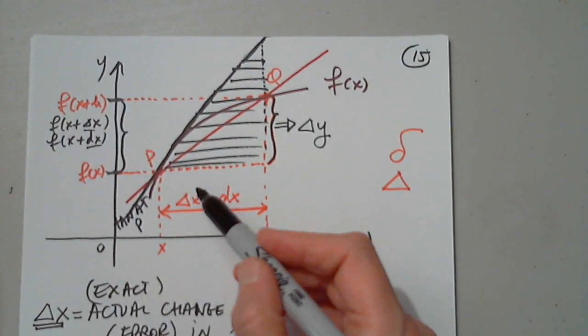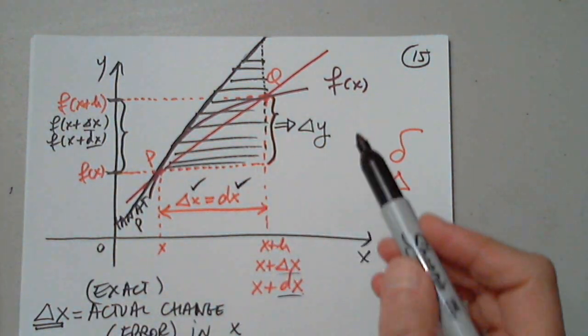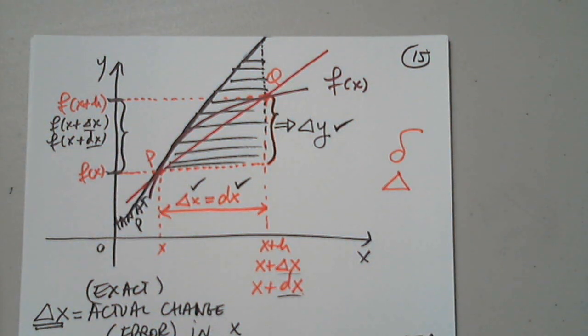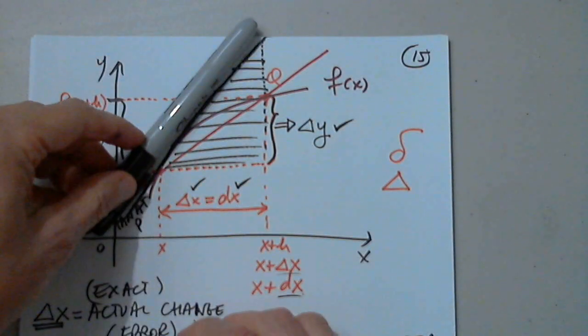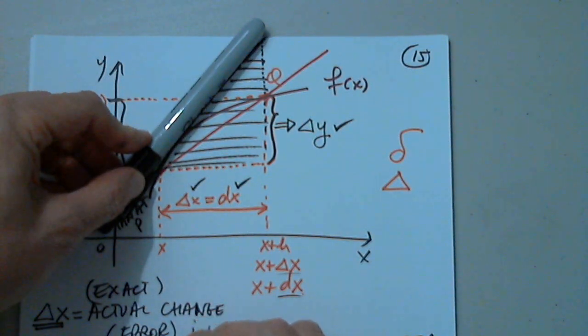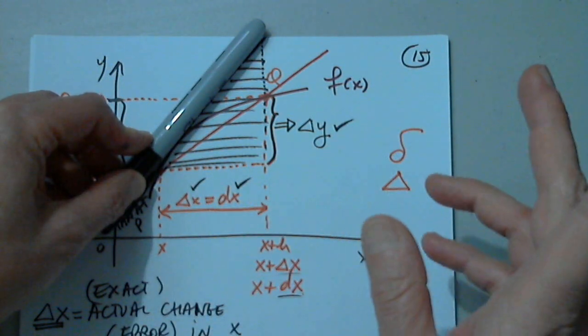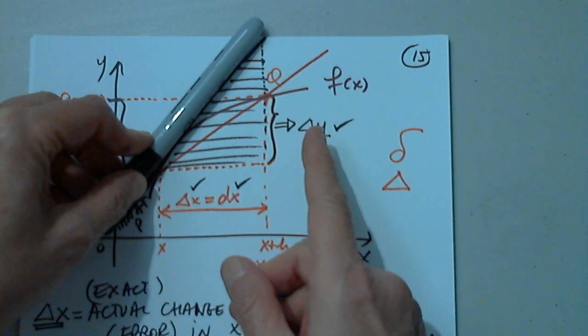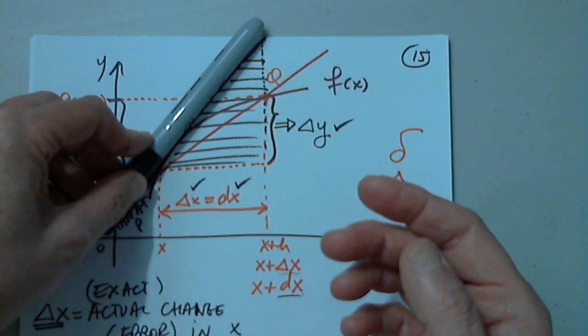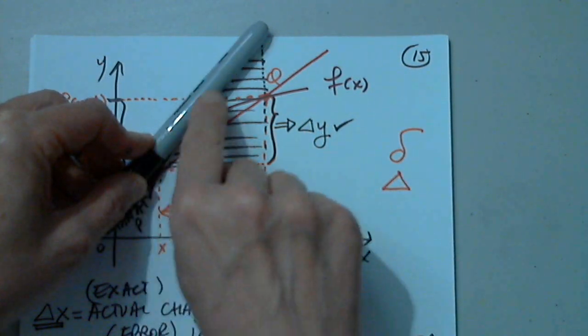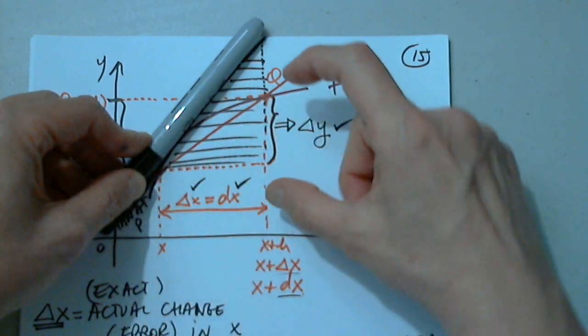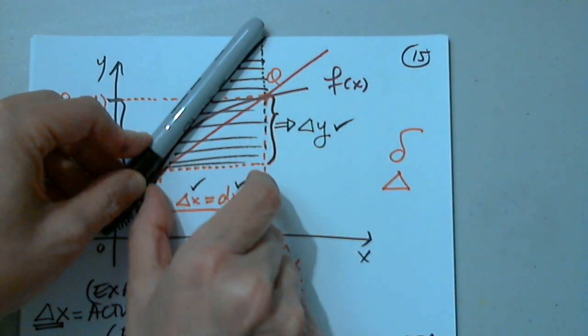So we identify delta x. We know what dx is. We know what delta y is. And now this is a tangent. And as we did with the problem when I printed out and we determined the slope of the tangent, and we also had a problem on the test. How can I determine the slope of this line?